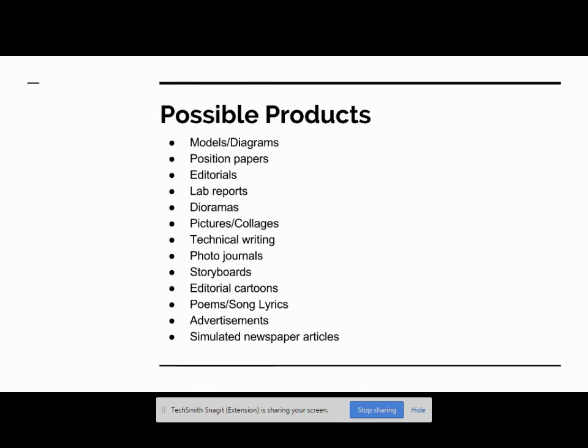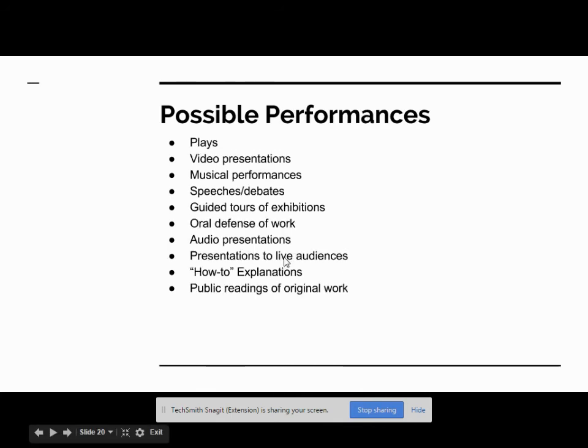You can see a list there. The next slide shows some possible performance tasks: plays or video presentations, a debate, oral defense of work, audio presentations, public readings of original work.